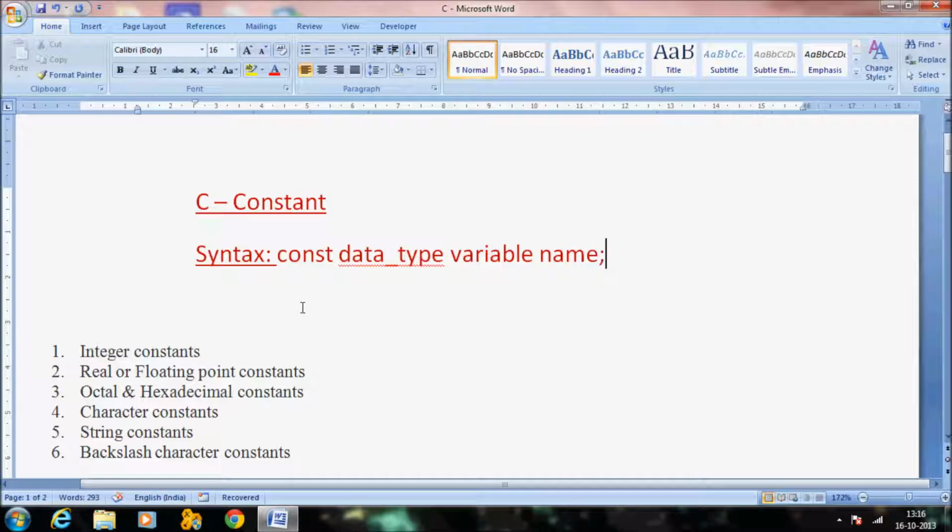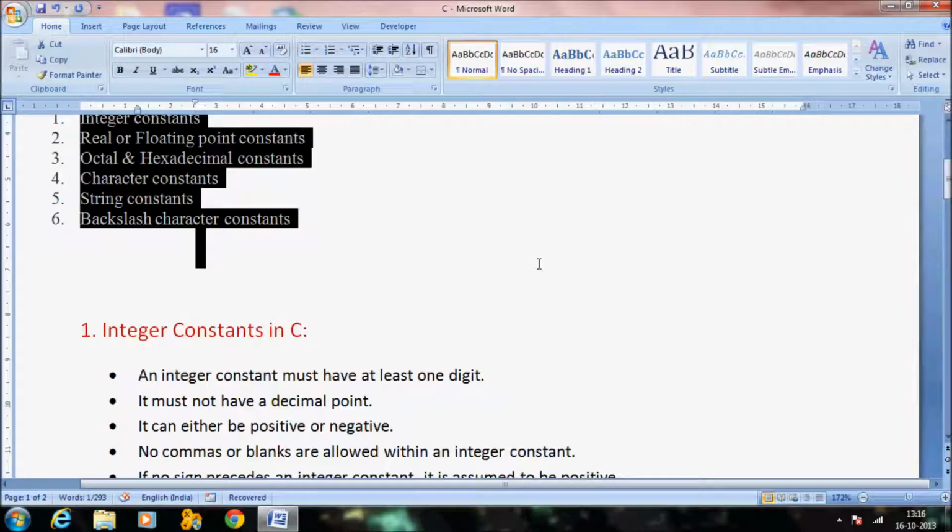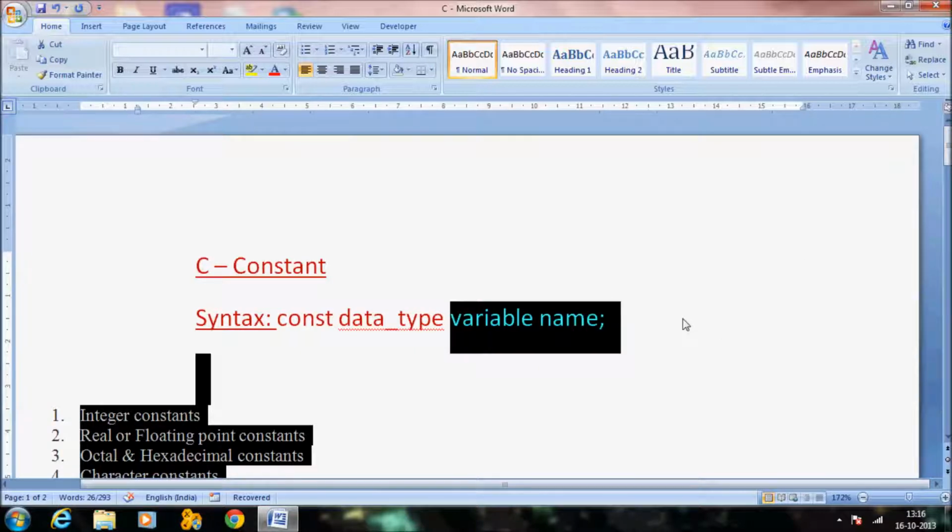So the syntax is like this. The const is the keyword and the data type may be an integer, character, string or a real number. And the variable name can be any variable name given by the user.